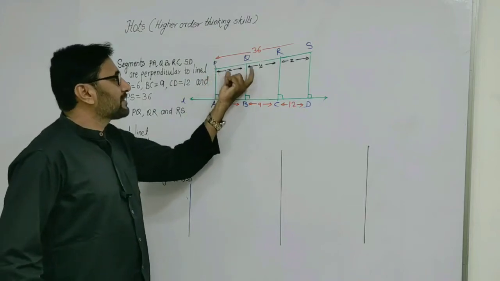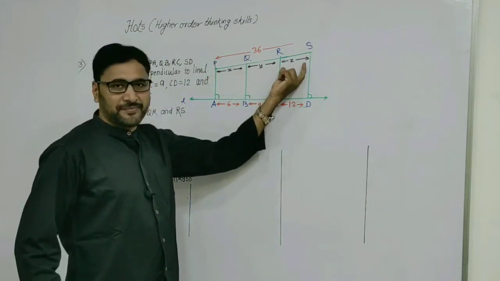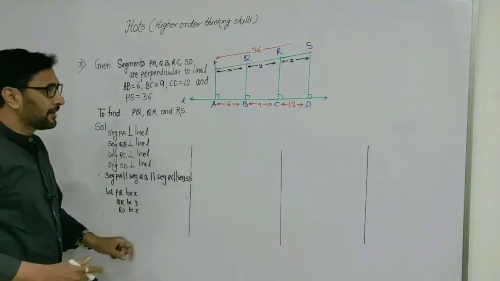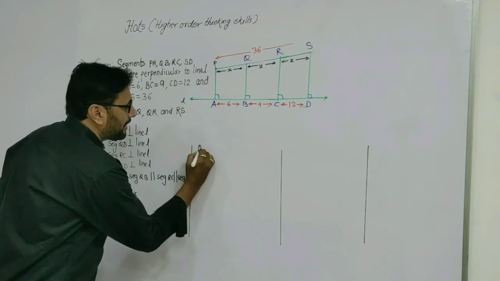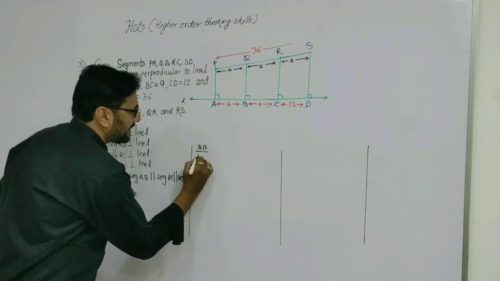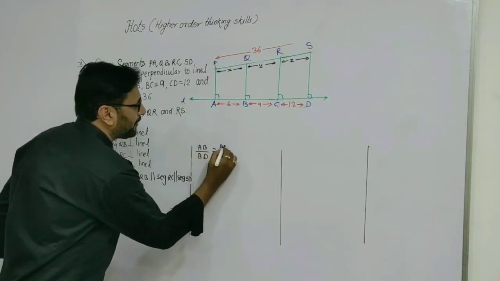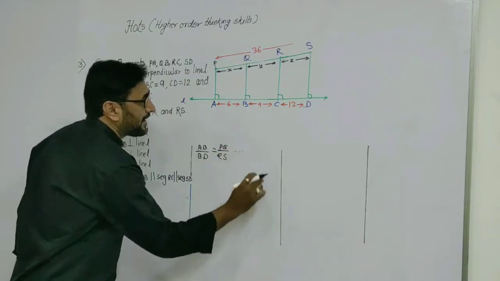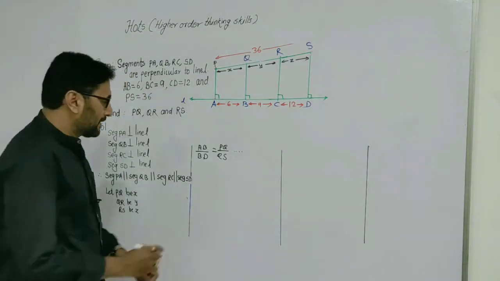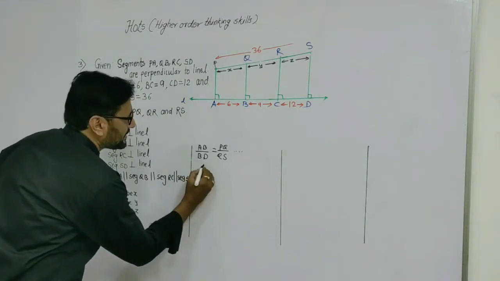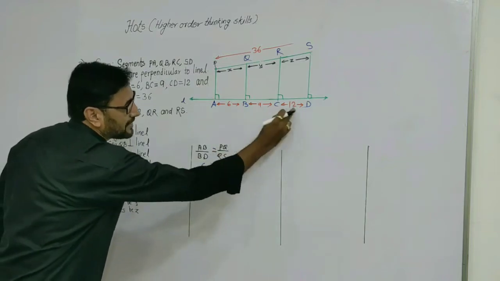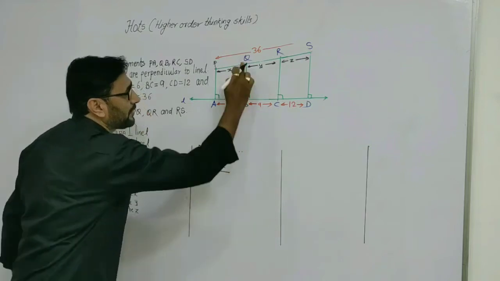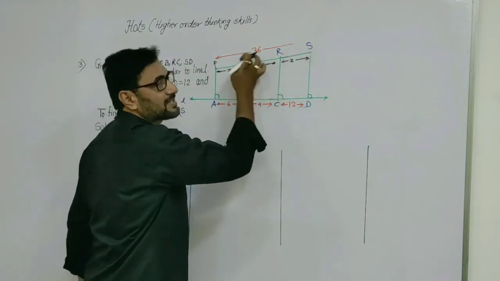Let PQ is X, QR is Y and RS is Z. Now students, you know, if all lines are parallel to each other, you will write AB upon BD is equal to PQ upon QS, property of parallel lines. So AB is 6, BD 9 plus 12, that is 21, is equal to X upon QS. See, if this is X, this would be 36 minus X.